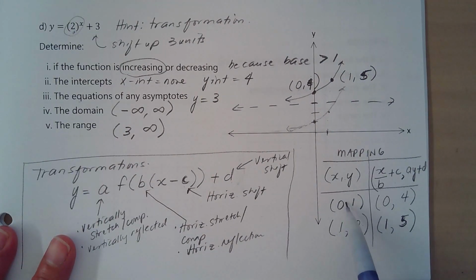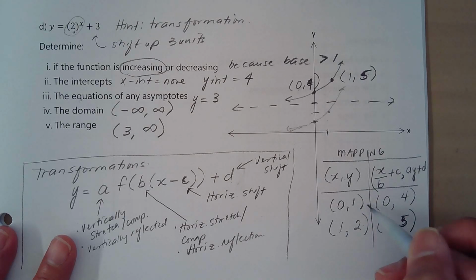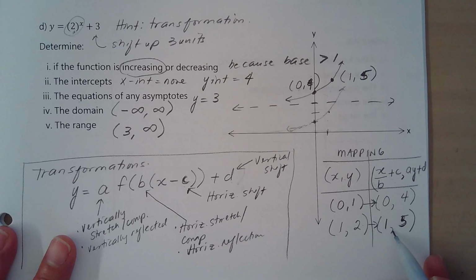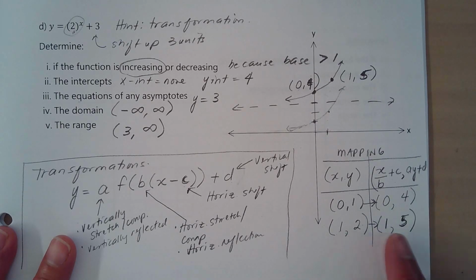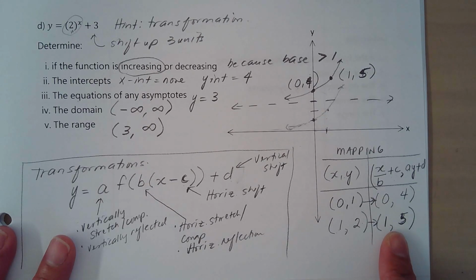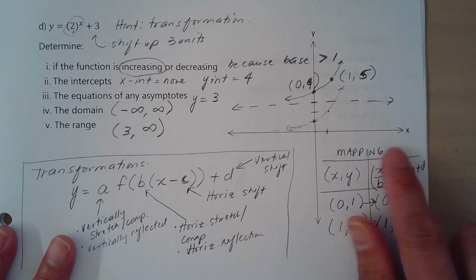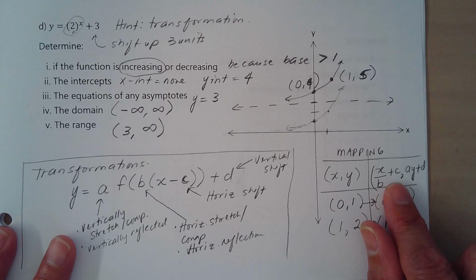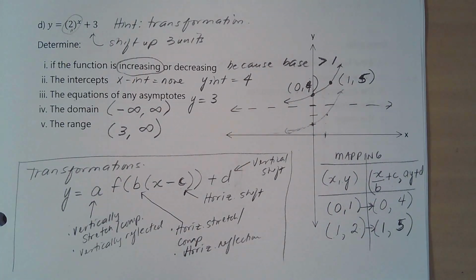This is your original point, and this is your new point based on the transformation, which will be 1, 5. So you can do it all at once through mapping. Okay, so far so good.